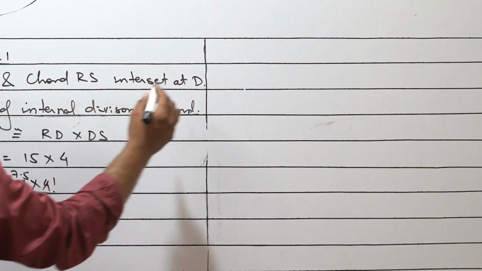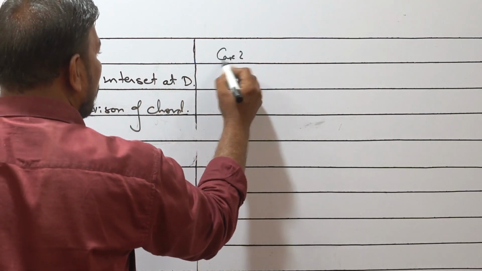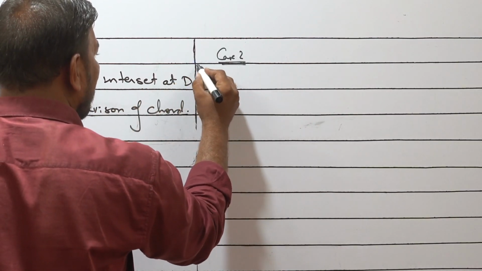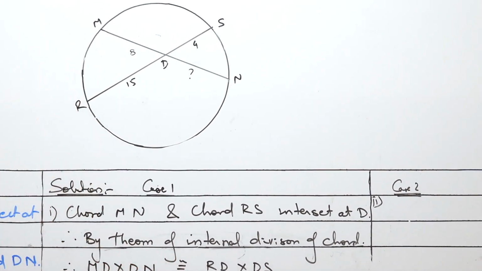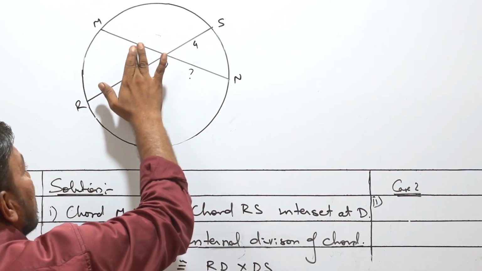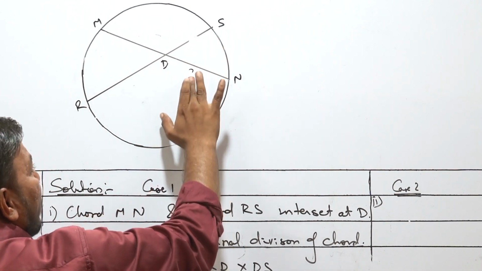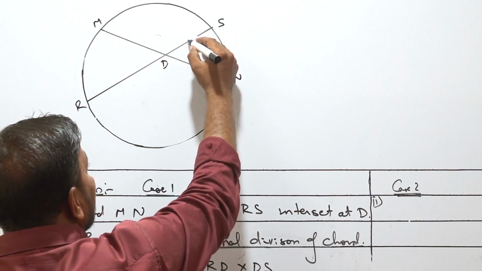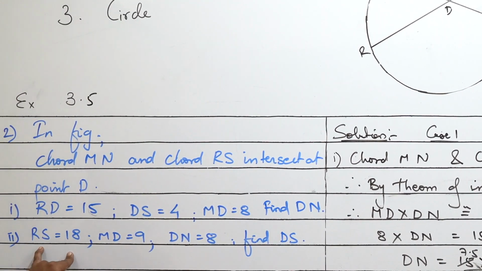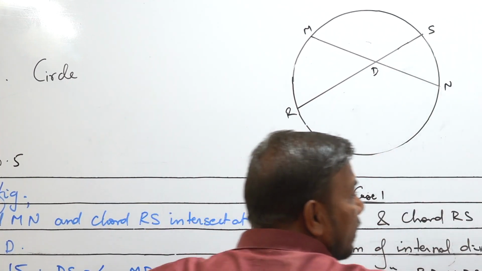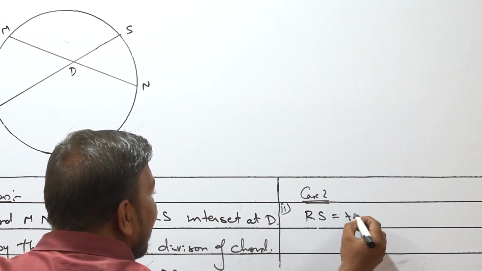Now, this was case 1. Now for case 2, the second sum. This was the first sum, and the same understanding goes for here. I'll rub this because it is not applied for the second case. The second sum says that RS is 18, directly given.